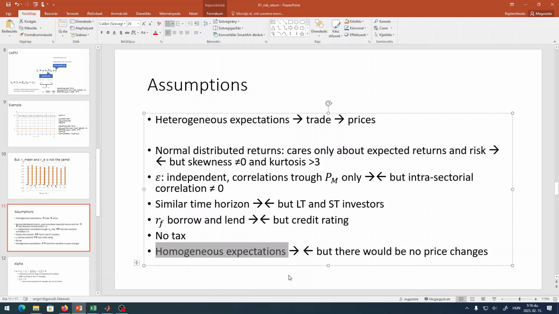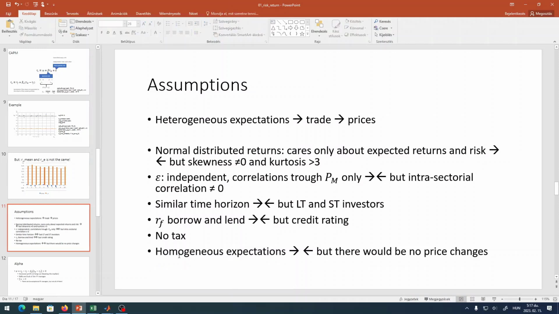If the market network would look like a lattice, then there would be no price changes at all. So everything would be priced in, and after that, if fundamentals are changing, then suddenly there would be some price change. But heterogeneous expectations are necessary to have any kind of trading activity. So it's also quite flawed.